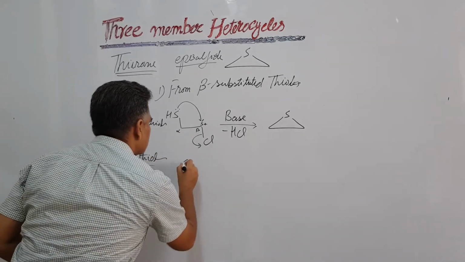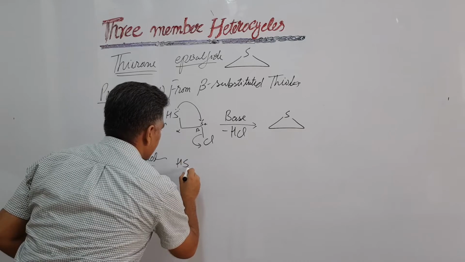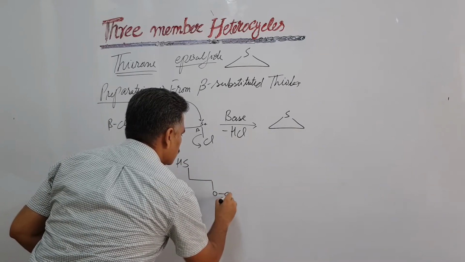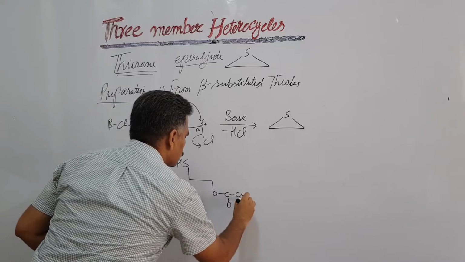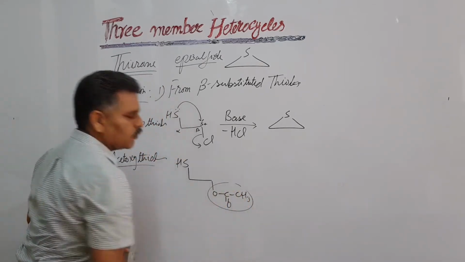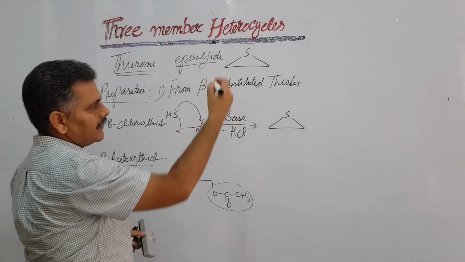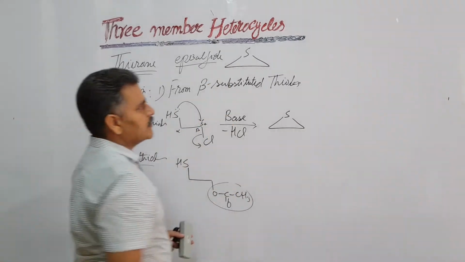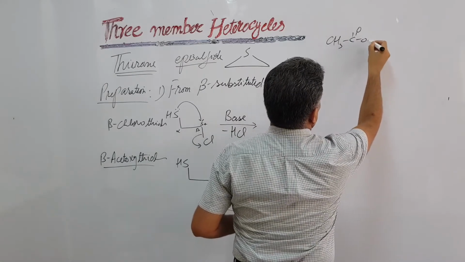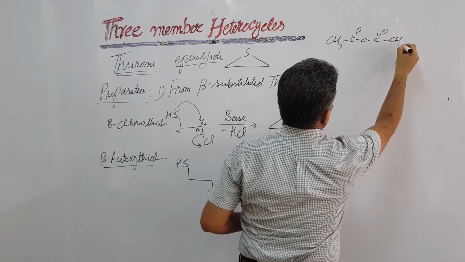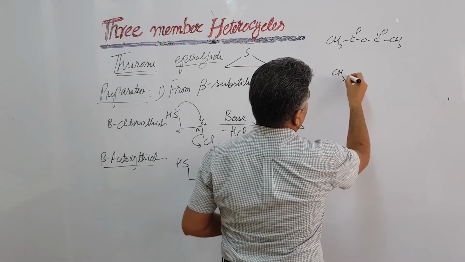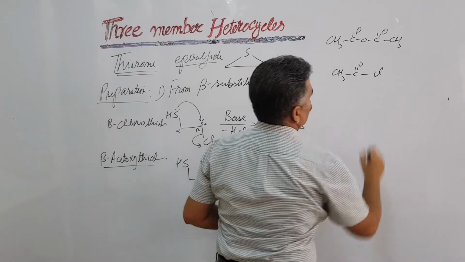So here we have SH and then CH2 and then CH2. Here we have O, CO, CH3. So this acetoxy group is also a good leaving group. If you talk about acetic anhydride, it also does acylation in the same way, CH3COO, CO, CH3, or you have CH3COCl.